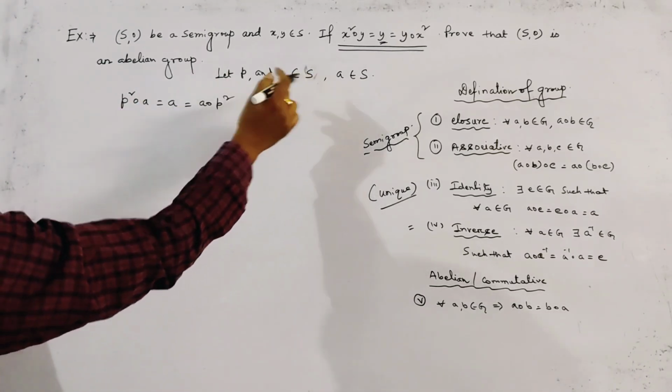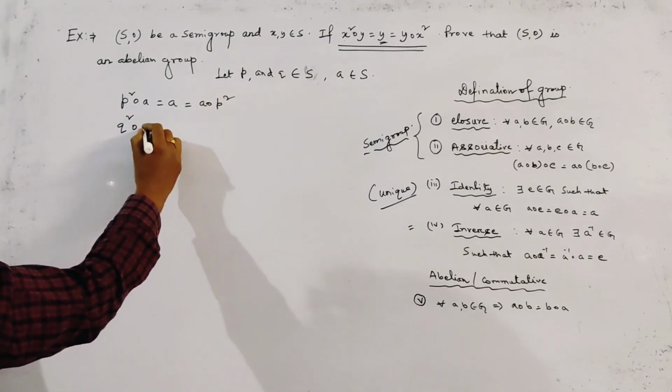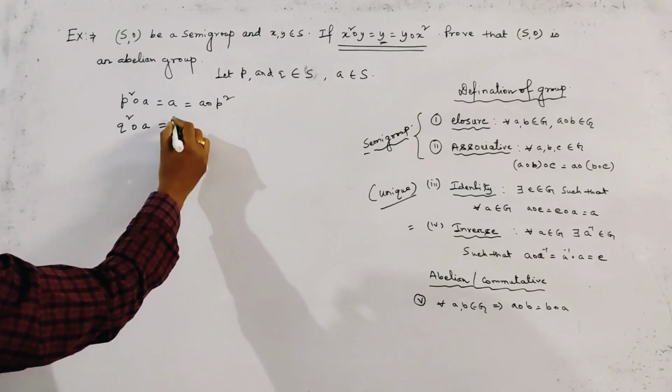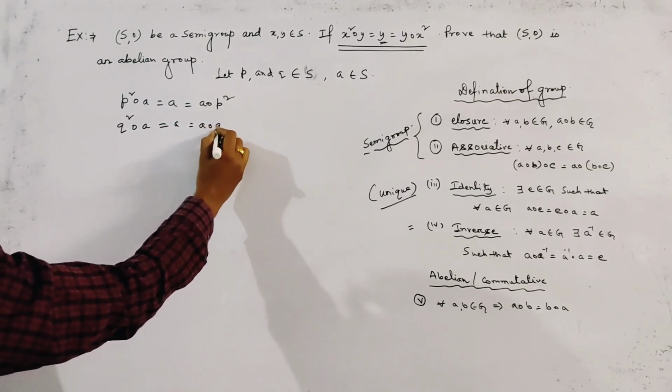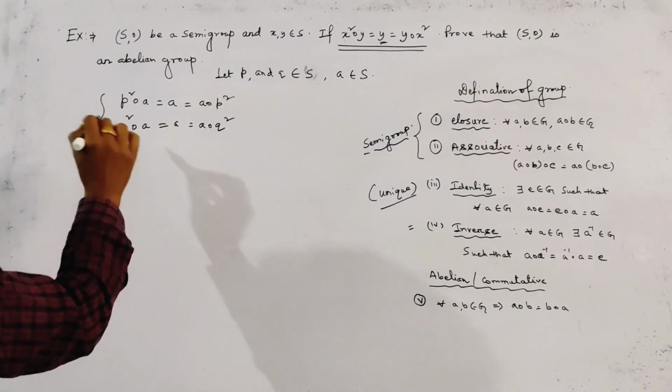Similarly, by using q and a, we get q² ∘ a equals a, which equals a ∘ q².